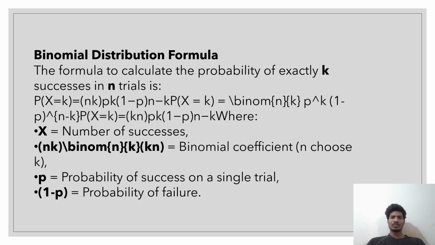Binomial distribution formula. Here is the formula to calculate the probability of exactly k successes in n trials.